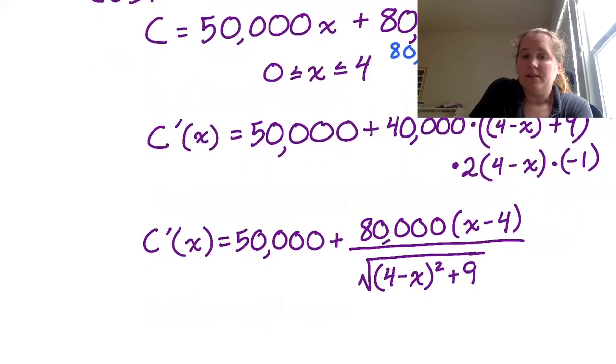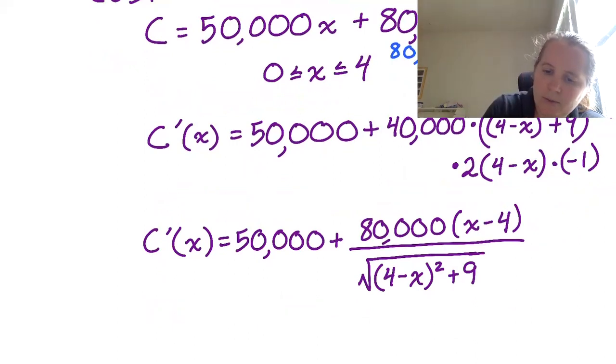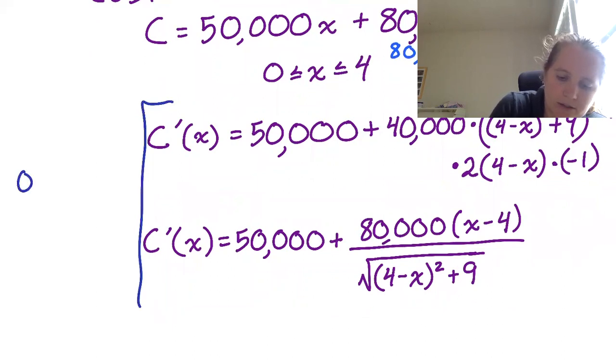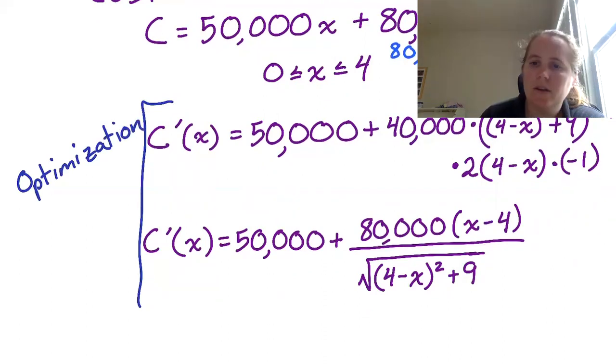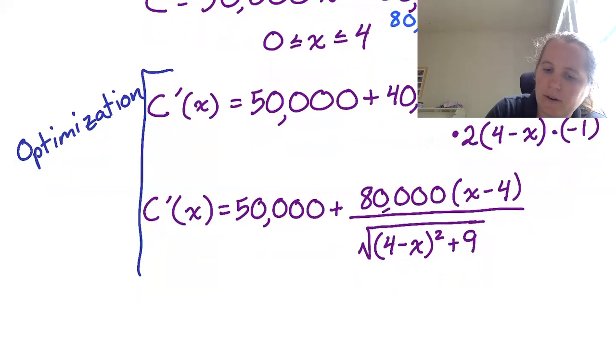So now we are going to set this equal to 0. At this point, I should have labeled from here on down, we're doing our optimization. So we want to figure out where this is equal to 0 or undefined.